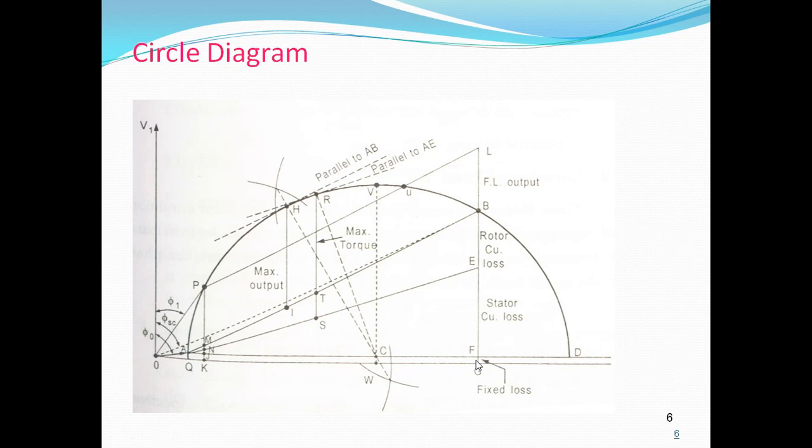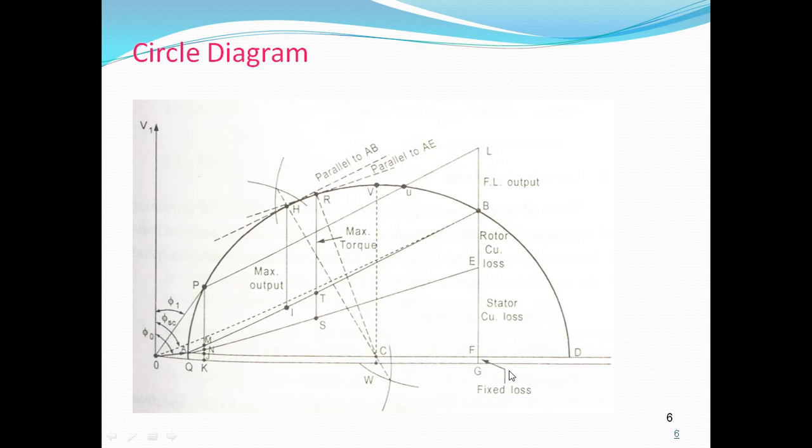Out of this BF, sorry, out of which FG and JK or AQ represents fixed loss.